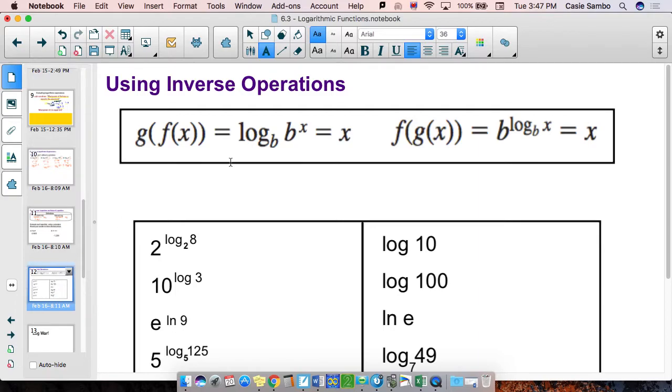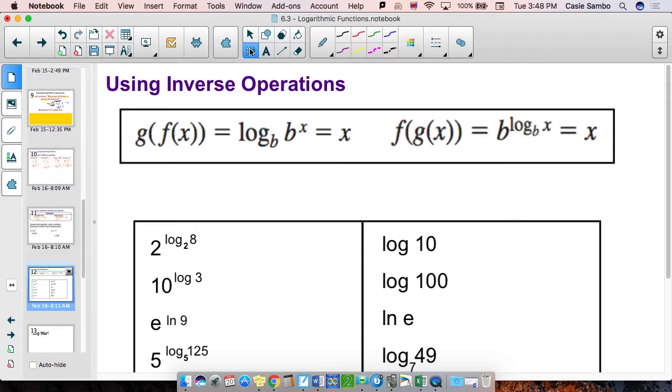So last part, inverse operations. Here we're going to go back to the front side of our notes. And under where it says inverse operations, here's what you're going to write.